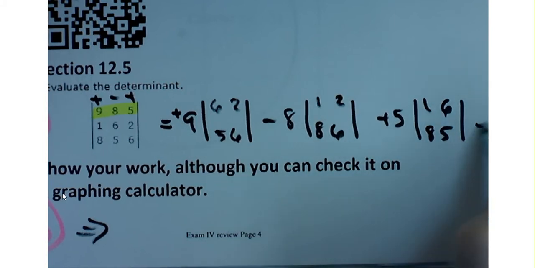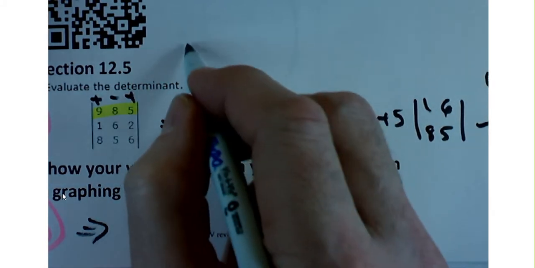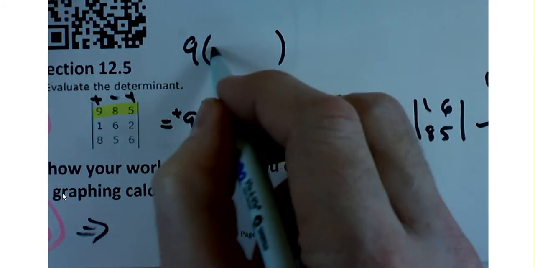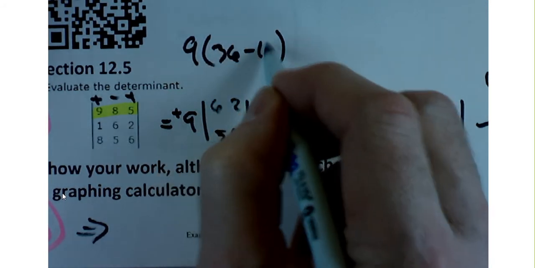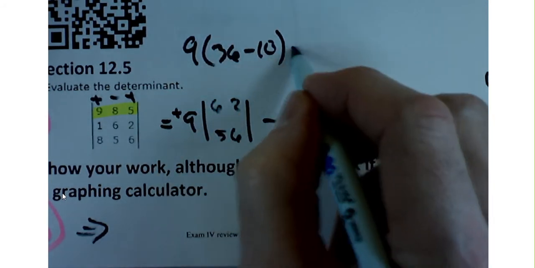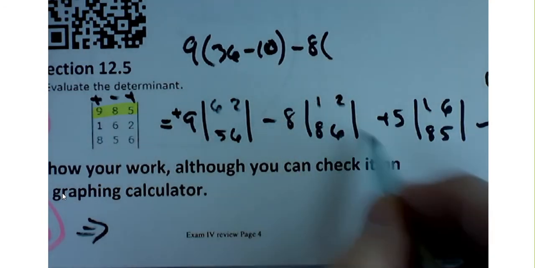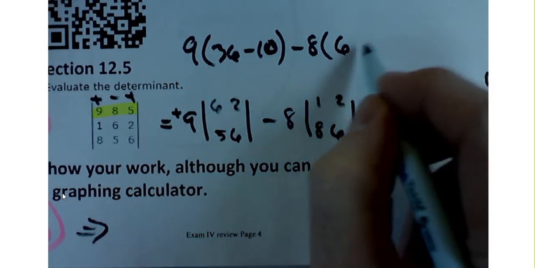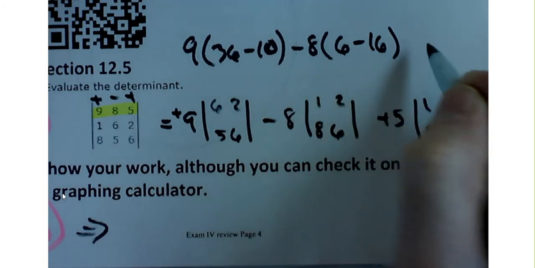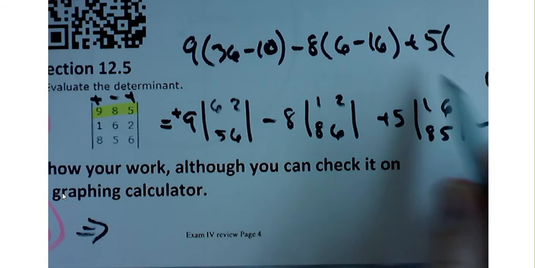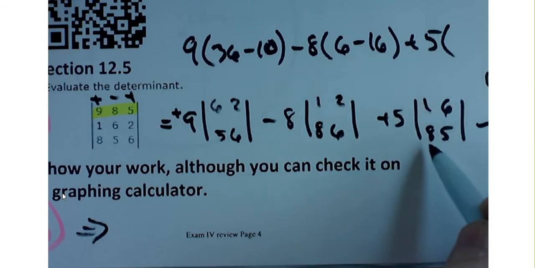Now, I'm going to kind of work up here. It's always a product going down, which is 36, minus a product going up, which is 10. Minus 8 times the product going down is 6, minus the product going up is 16. And one more time, 5 times the product going down, minus the product going up.